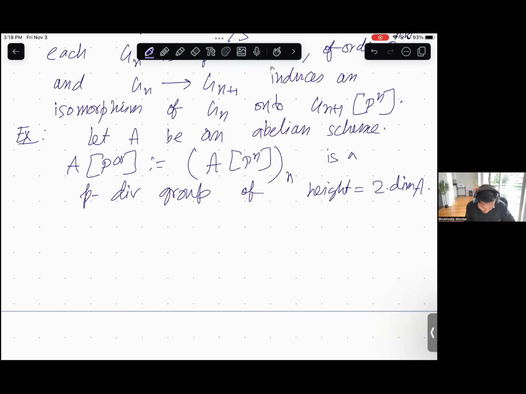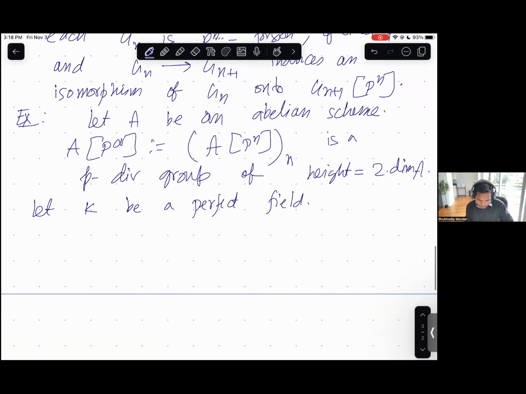So for now, let us suppose that K is a perfect field, and G a p-divisible group over K. So using what we did in the last talk, we can define the Dieudonne module.